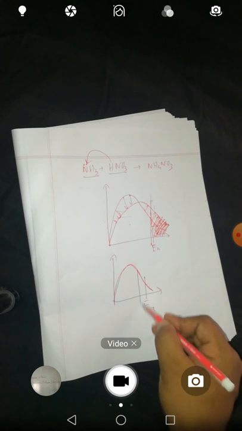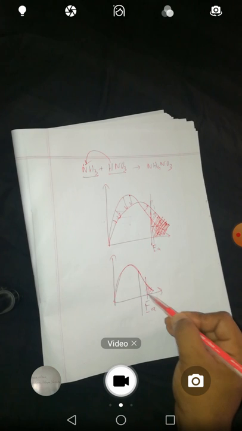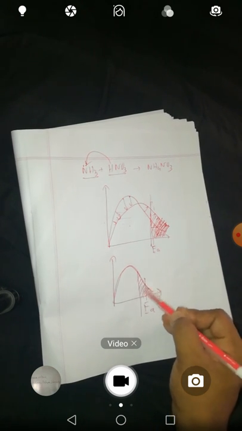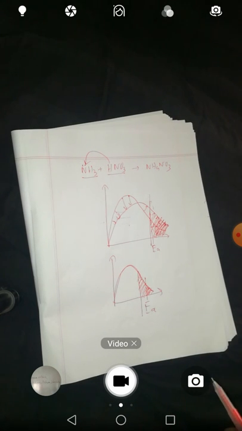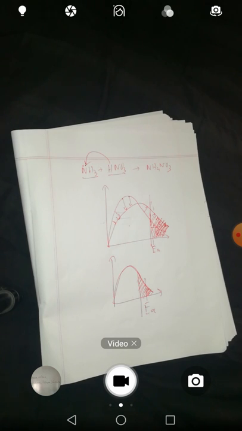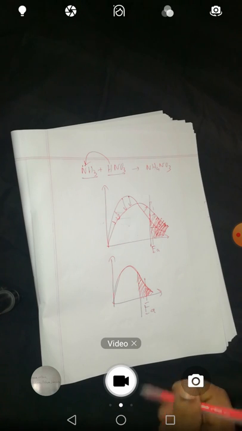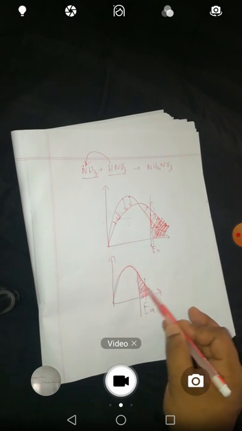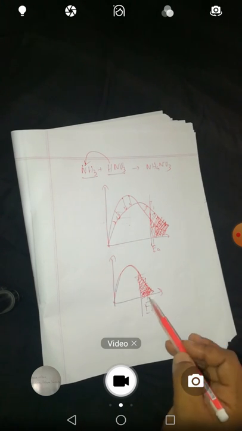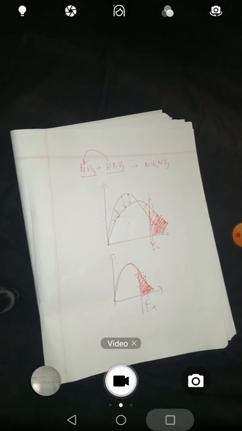For example, the activation energy line is here. Initially this was the region containing reactive molecules, but now this is the region which contains the reactive molecules. So the activation energy shifts to the left, so the region containing reactive molecules with energy greater than activation energy would increase, so the rate of reaction would for sure increase.